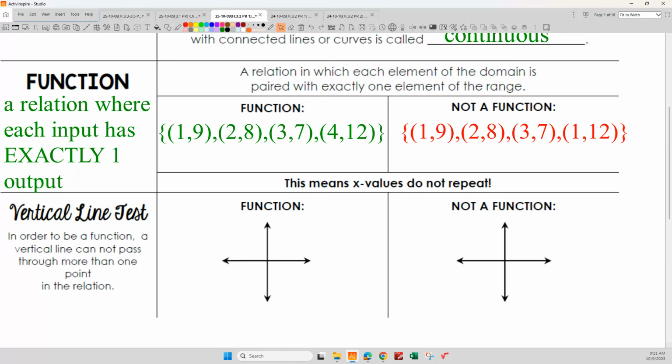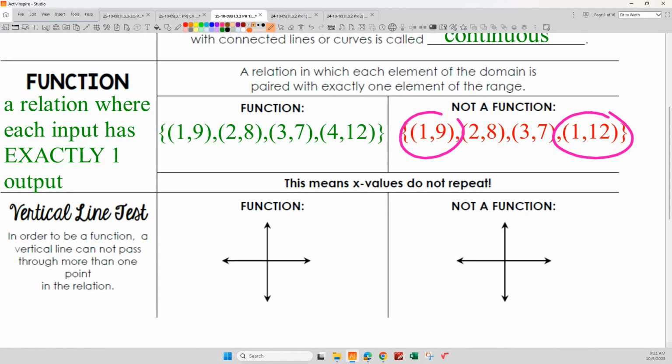So that's a problem. This is why the red relation, that set of points, does not correspond to a function, but the green one does. Look, in the green one, each input only has one output.